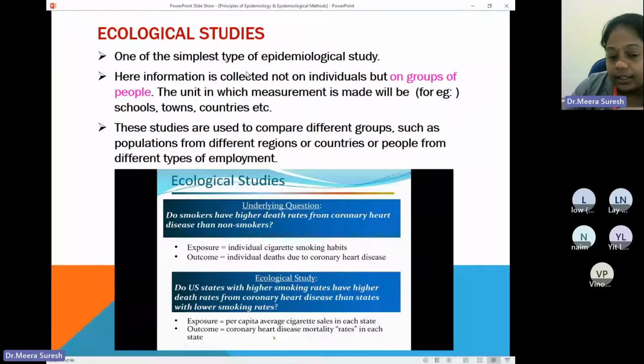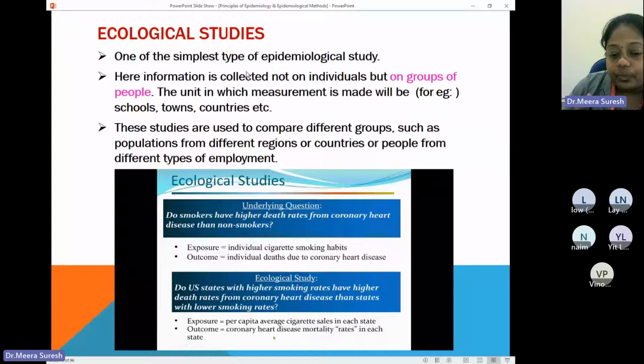But in ecological study, we won't go to the individual one, because for the individual there can be various types of studies. In ecological study, that question will be framed in a very different manner. You can see how that question changes. In ecological study, it will be, do US states with higher smoking rates have higher death rates from coronary heart disease than states with lower smoking rates? So here you are going to compare two geographical areas, two states, but not the individuals within.